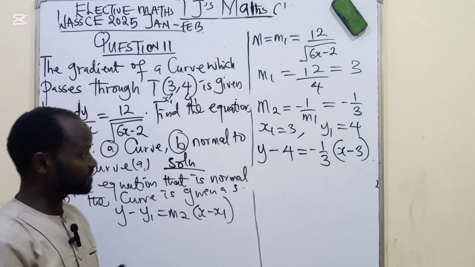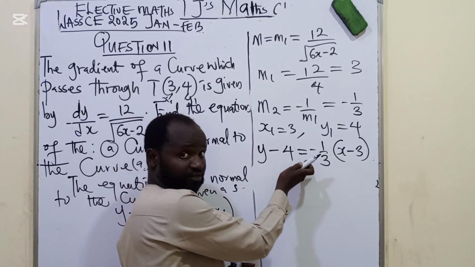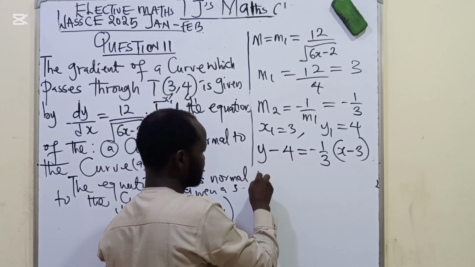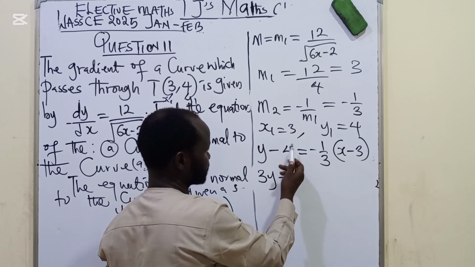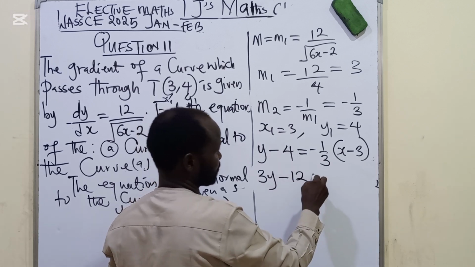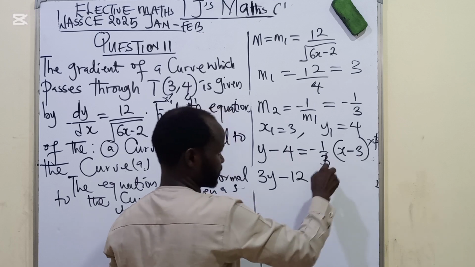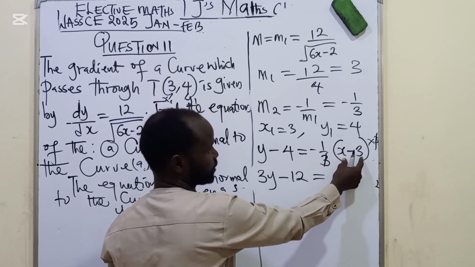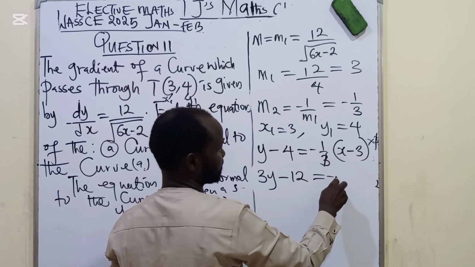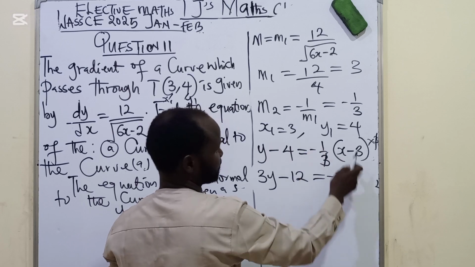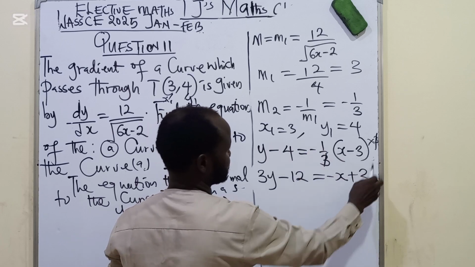Let's clear this fraction. Multiply through by 3, which is the LCM. 3 times y, that's 3y, minus 3 times 4 is 12, equals, multiply 3 by the whole of this. This 3 will take care of this. We're left with minus 1 into this. Minus 1 times x, that's minus x. Minus 1 times minus 3, that will be plus 3.